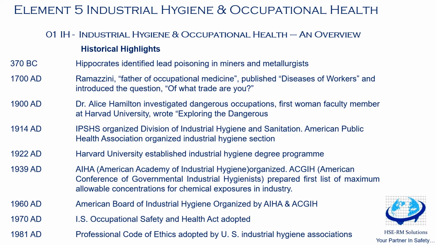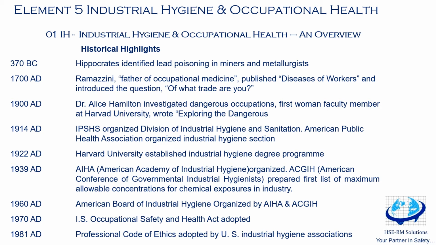We identified that yes, lead is poisonous to miners because it was causing harm to human life. Then in 1700 AD, Ramazzini, father of occupational medicine, published Diseases of Workers and introduced the question: what trade are you in? It came to be publicized that it is required to come out.